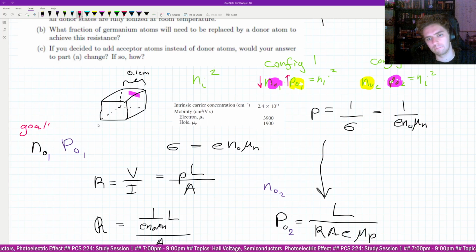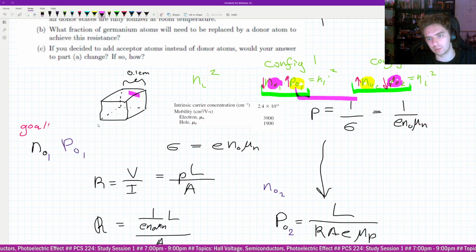Exactly. And if you increase N0 this time for your second configuration, P0 would go down the same amount. Yeah. So these pairs are related, but these are not related.